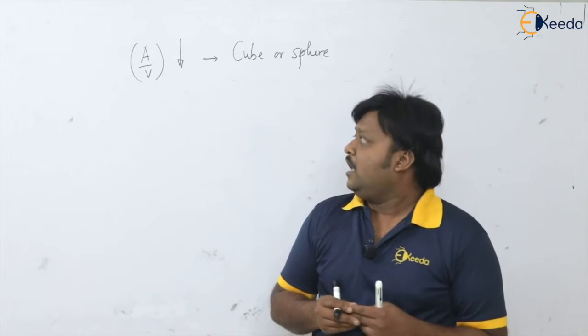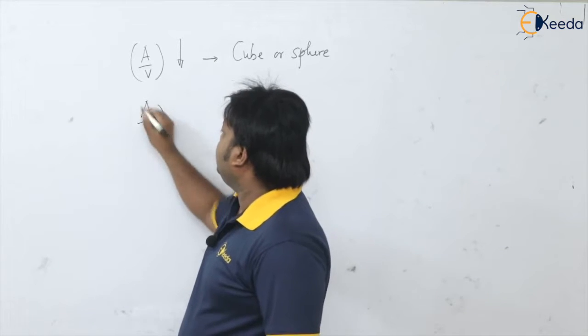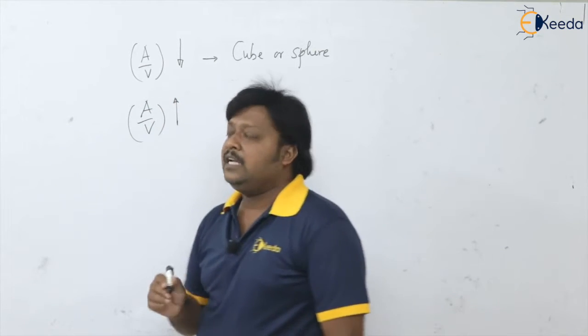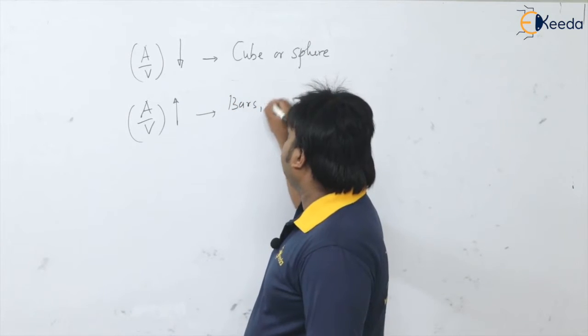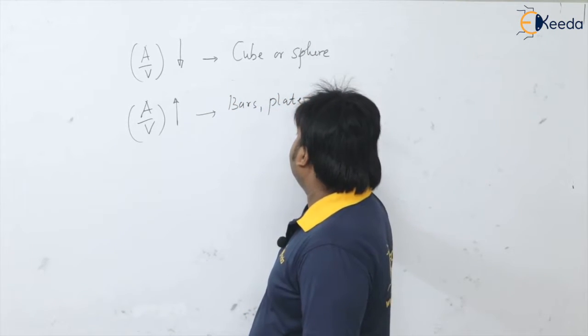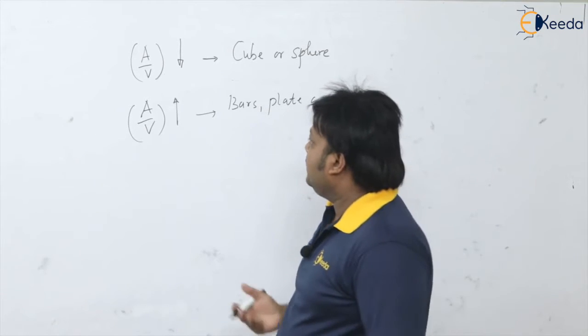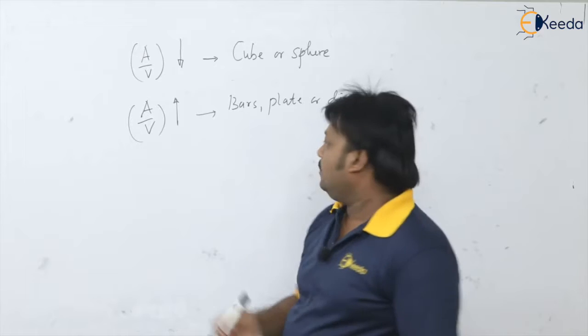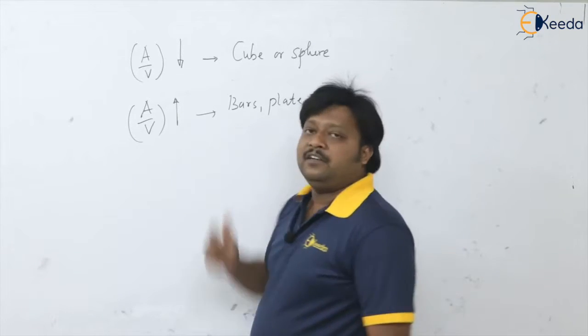But when this A by V ratio is large, like bars, plates or discs, then we are definitely going to have multiple risers, more than one, for the feeding.